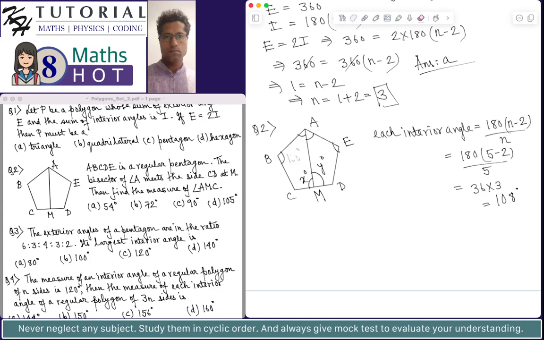I really don't have much space, so let's give some names. Let's say this angle, angle ABC, is P degree, angle AED is Q degree, angle BCM is Z degree, and angle EDM is R degree.